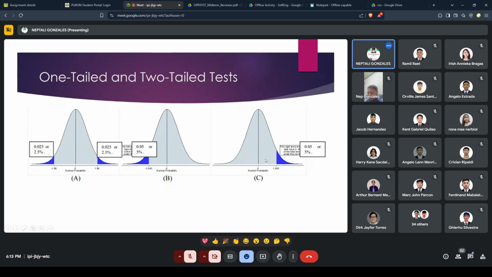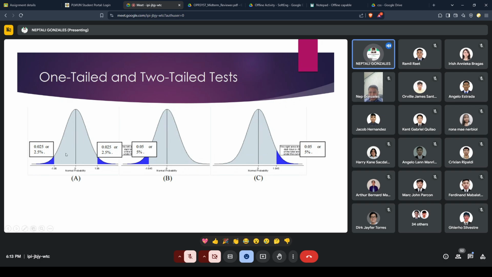Letter C, so this right area shaded, total area under the normal curve. So this is leaning to the right. And values greater than 1.645, that's the time that we can accept the null hypothesis. In letter B, if the computed value is less than negative 1.645, that's the time that we will accept the null hypothesis.